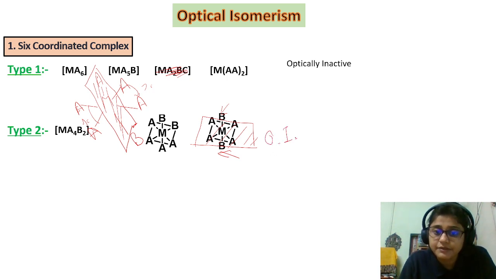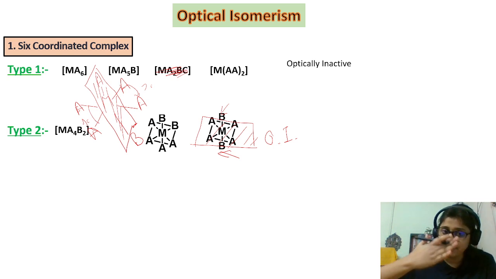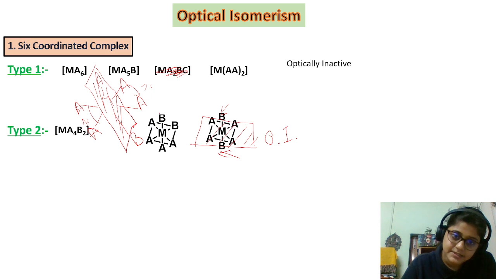Optically inactive. But in the case of cis, is there any plane of symmetry? It can be this way. Not only this, it can be this way. In the corner portion also the plane can be there. So if we take, let's say, one plane which consists of the B, because these two are now C's, we can't place a plane in between this.